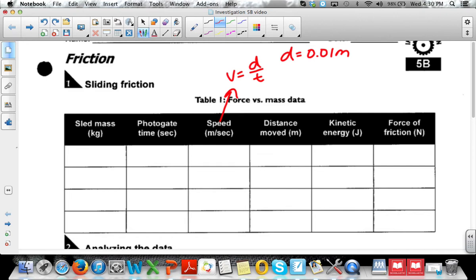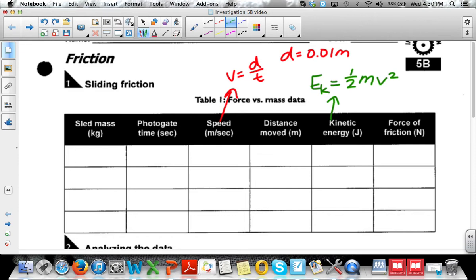Kinetic energy, this one we haven't done before. So this one, the formula is E sub K. That means kinetic energy. It's like energy sub kinetic. To calculate, you do 1/2 mass times speed squared, or velocity squared. In this case, we're using speed.